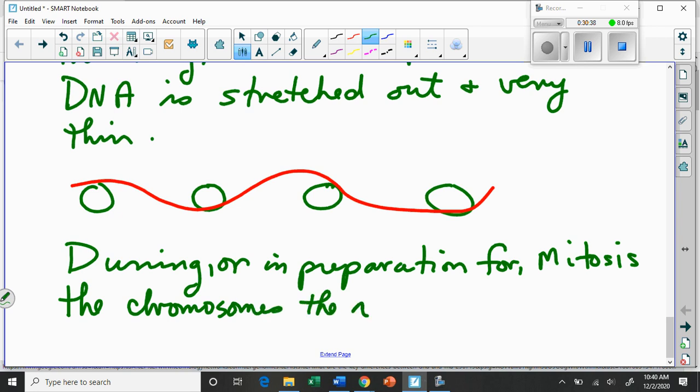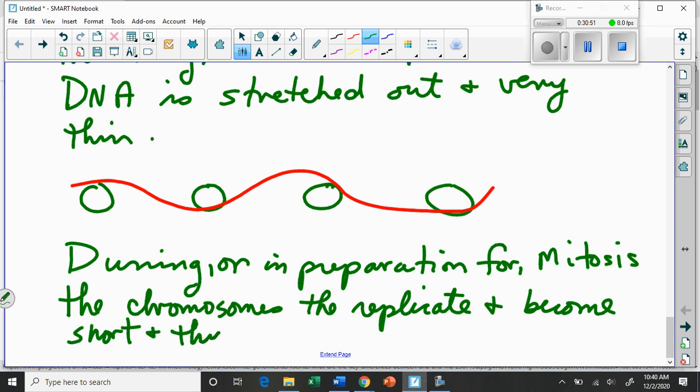They replicate, they copy themselves, and become short and thick. They shrink up. And when they become short and thick, we can actually see them in a microscope.